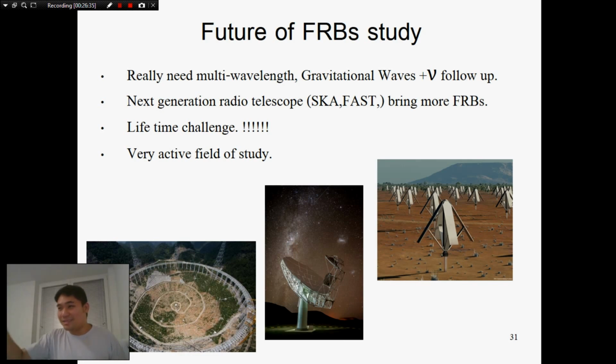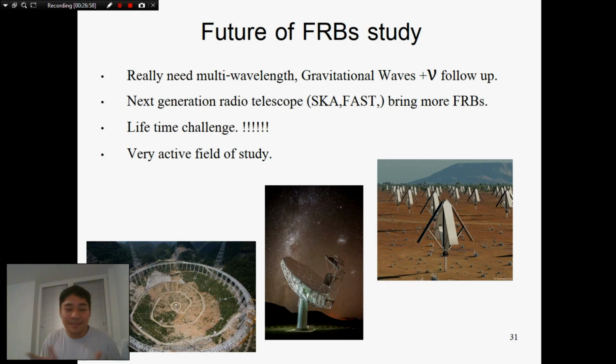But now you see a repeating one. So you just point your telescope there and wait long enough until you see some variability at the same time as the FRBs. So now it's easier to do multi-wavelength follow-ups, using not only EM waves, but also gravitational waves and neutrino follow-ups.